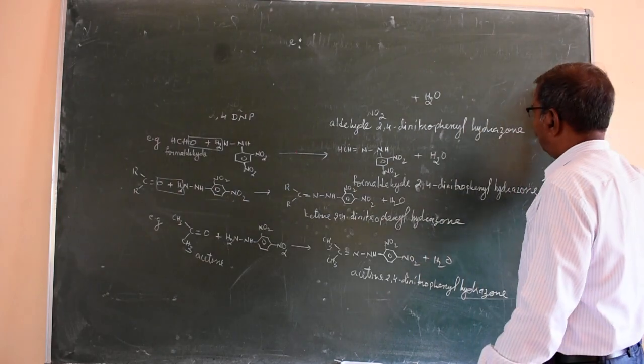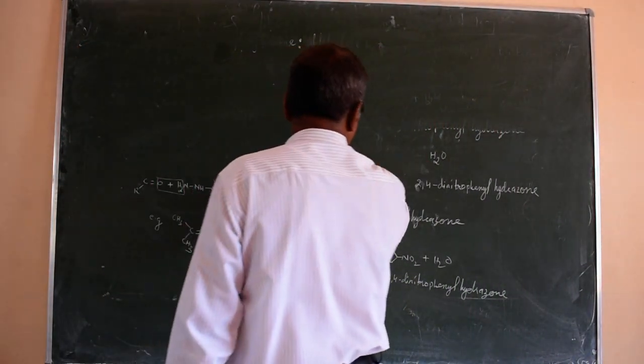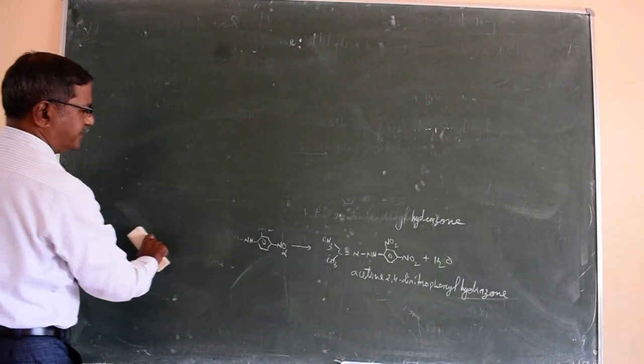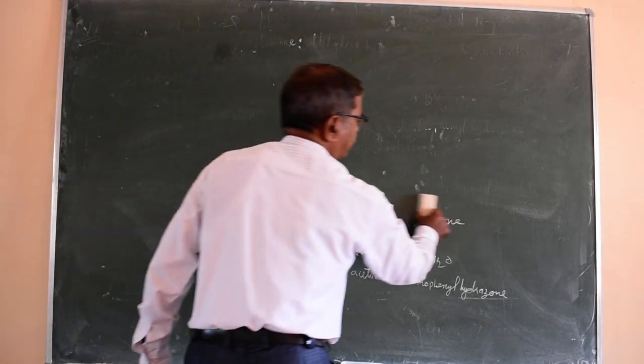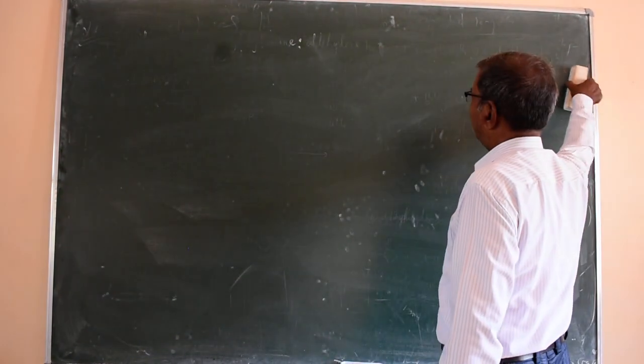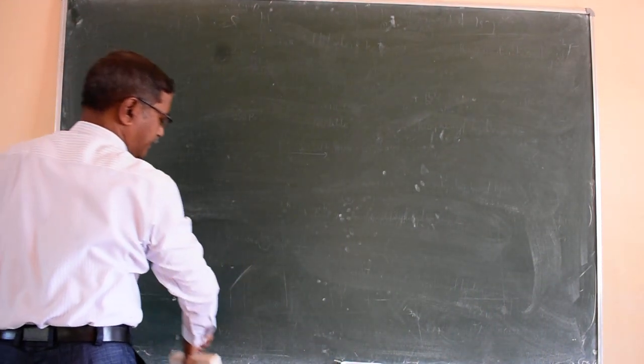What you have to remember? Only two things: one is oxime and another is hydrazone. If it is hydrazine, phenylhydrazine, or 2,4-dinitrophenylhydrazine, the product is hydrazone.